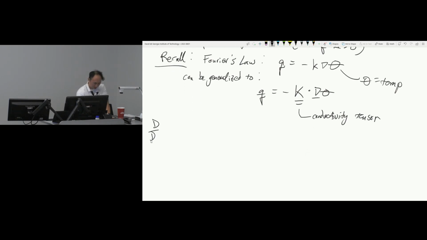The word statement. So we have to use a material derivative because our control element could be moving and deforming. So what's this first term called? One half rho U squared.